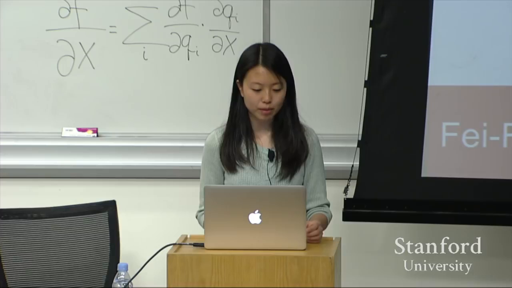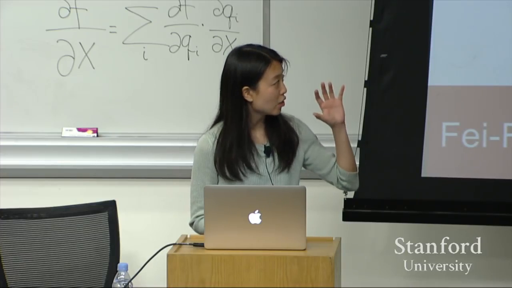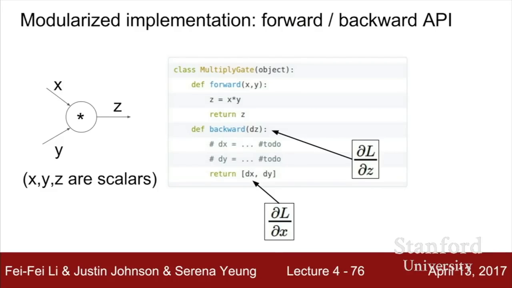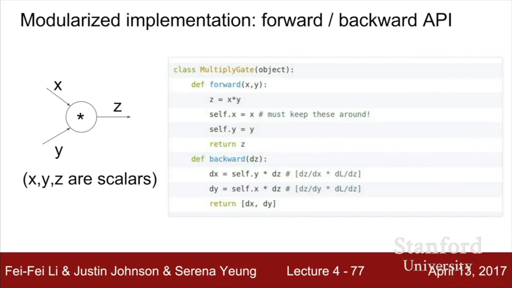If we look at the implementation for a particular gate, for example this multiply gate, we want to implement the forward pass. It gets x and y as inputs and returns the value of z. When we go backwards, we get as input dz, which is our upstream gradient, and we want to output the gradients on the inputs x and y to pass down, so we output dx and dy. In this example, everything is back to the scalar case.